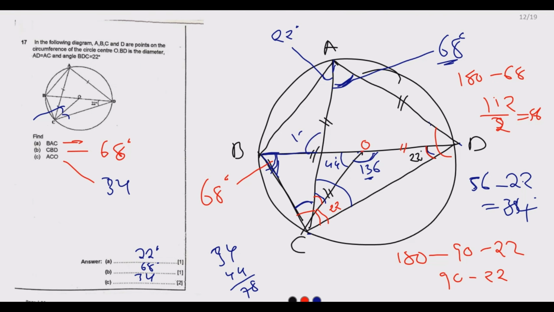So this angle is 102, and this angle should also be 102. Then this angle will be 78, then this angle will be 78. So this is how you can answer all the angles in the shortest possible period. And we know that if this angle is 34, this angle is 56, then this angle is also 56. So this is how you answer all the questions.